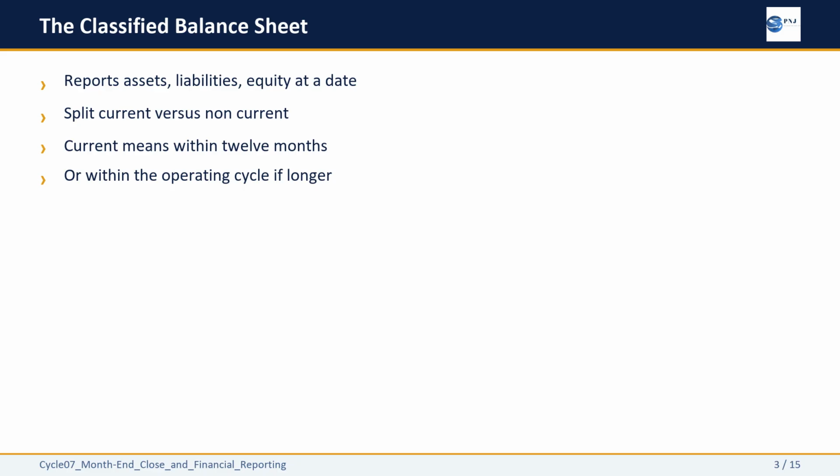Current means you expect to convert an asset to cash or settle a liability within 12 months of the balance sheet date, or within the operating cycle if that cycle runs longer. This simple split is what makes liquidity visible. Next, let us look at what actually sits in each bucket.